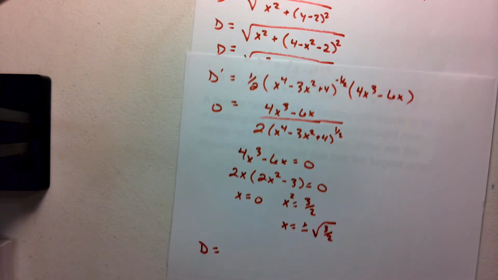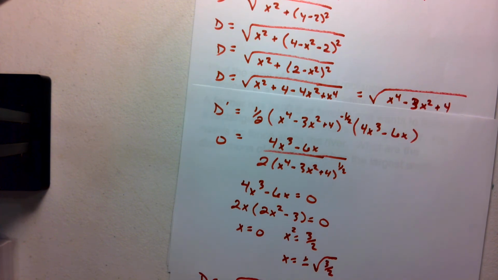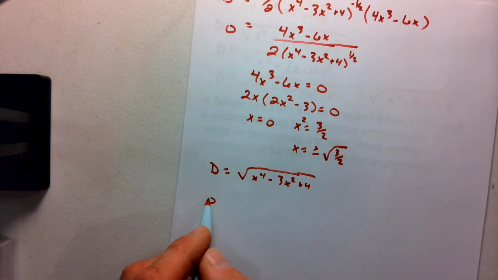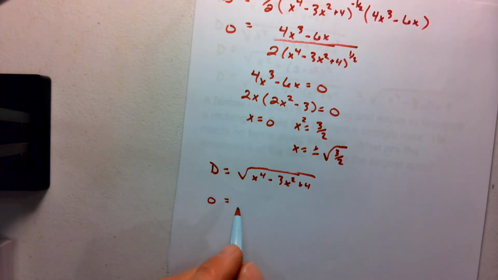Remember, our distance was equal to the square root of x to the fourth minus 3x squared plus 4. So I'm going to plug these values into my distance to figure out which one's the maximum, which one's the minimum, or maybe they're all maxes or all mins. We don't know. So closest means minimum, so we're looking for the minimum value.